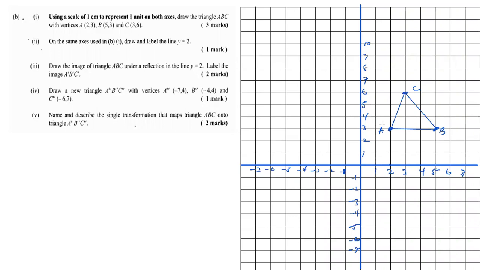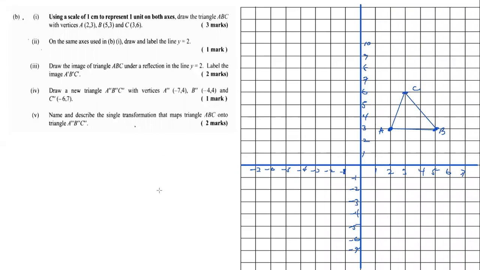Now, how do I draw a reflection line y is equal to 2? What will I do? Well, sir, the second question says, on the same axis, draw and label the line y is equal to 2. Sir, would you go to the 2 on the y-axis and draw a line across?